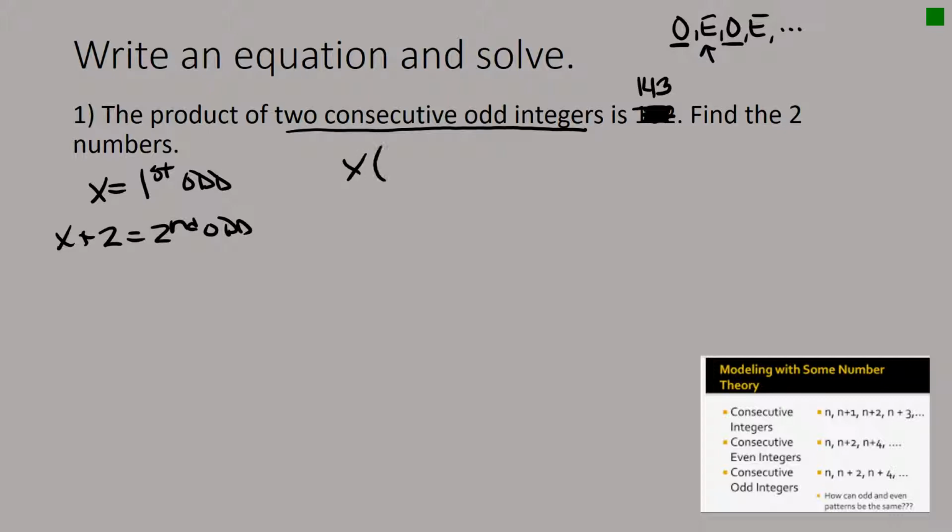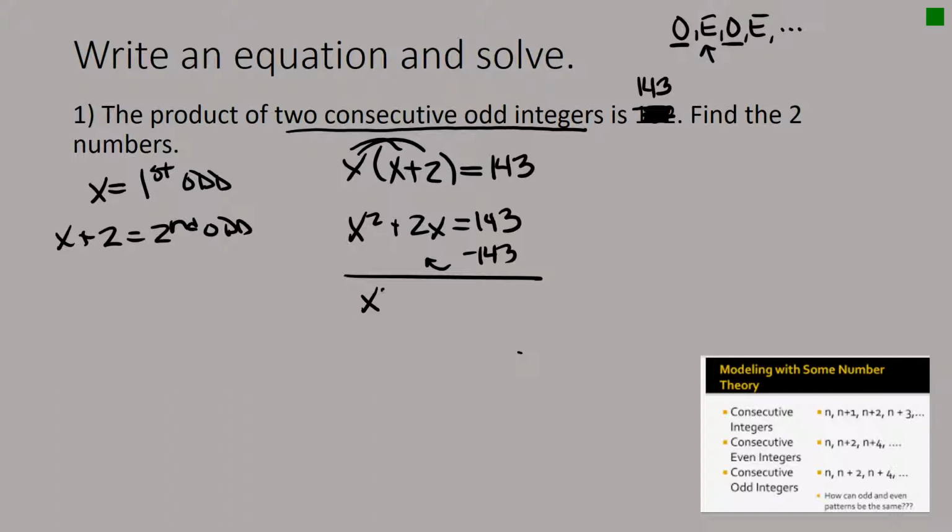Product means I'm going to multiply the two numbers, and the product is, that's my equals, 143. I'm going to distribute: x squared plus 2x equals 143. I'm going to subtract the 143 so I can bring it over here. So I have x squared plus 2x minus 143 equals 0.